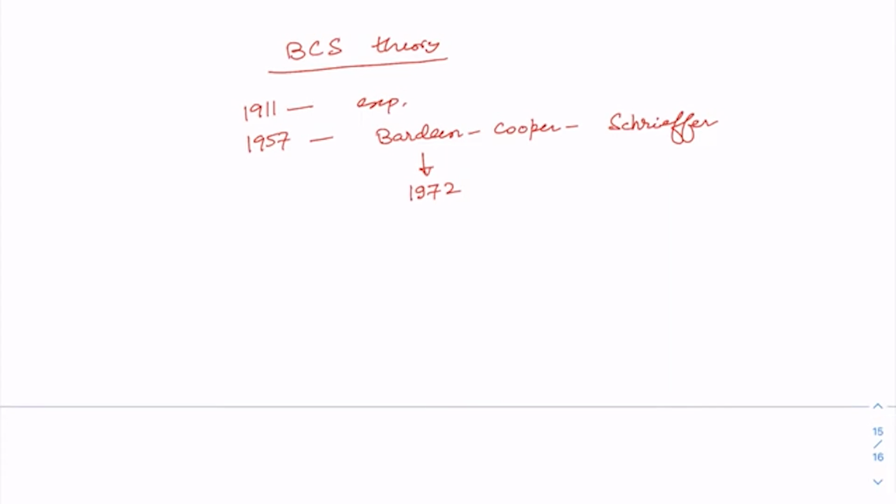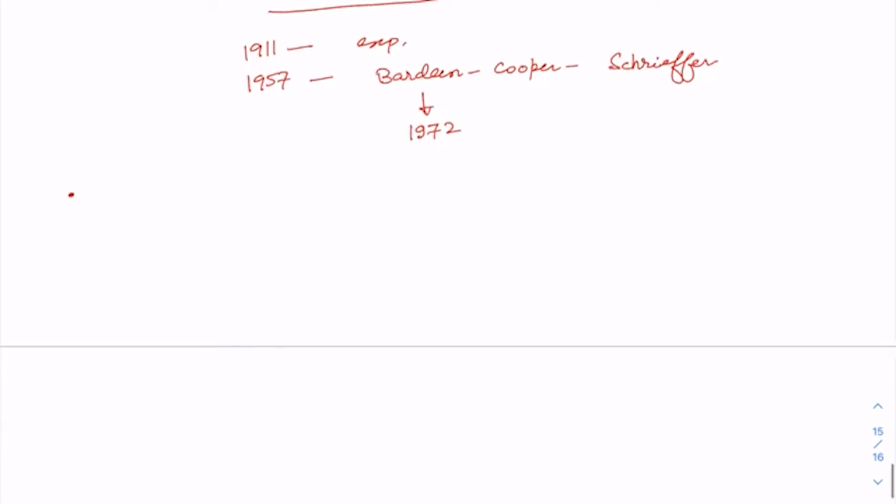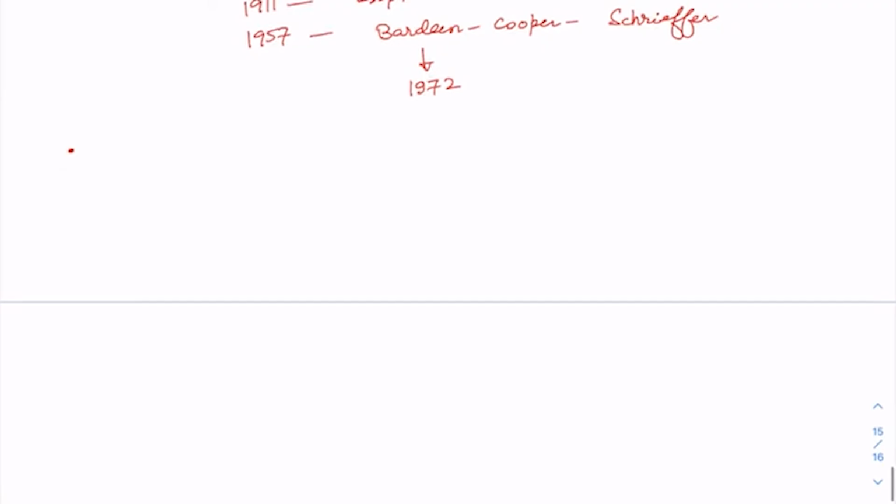I will just tell you the key observations of this BCS theory. Firstly, Cooper realized that even though electrons have Coulomb repulsion, there is a slight tendency towards attraction between two electrons due to the presence of phonons. These phonons are basically quanta of vibrations, and because of phonon interaction, two electrons are glued to each other.